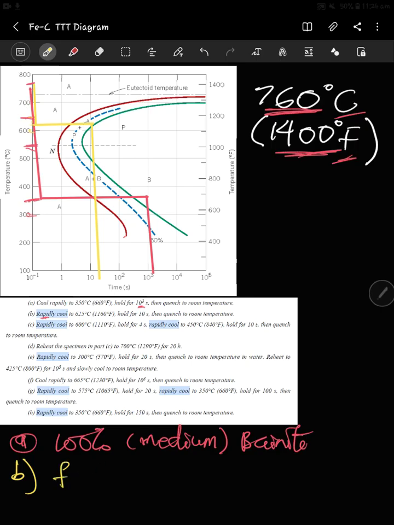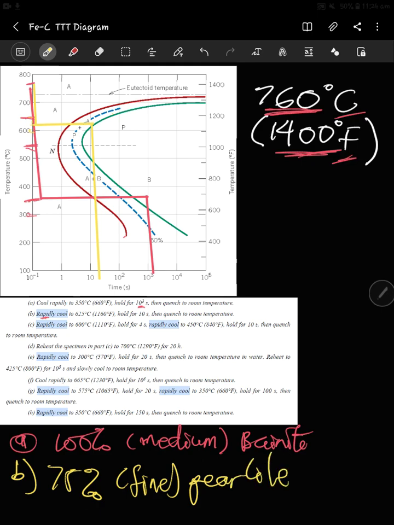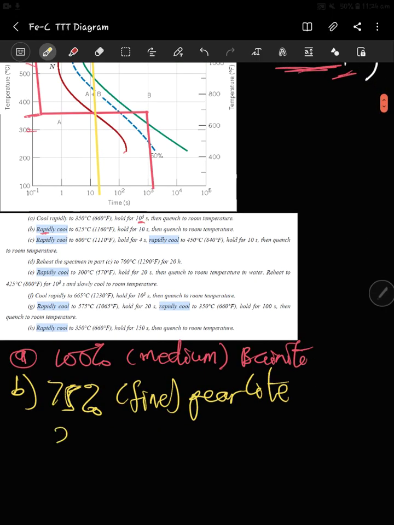Then again, we are putting it in brackets just in case. So you can just say 75% fine pearlite, and the rest has been converted to what? When you quench austenite straightforward, you get what they call martensite. So the rest will be about 25% martensite, right?